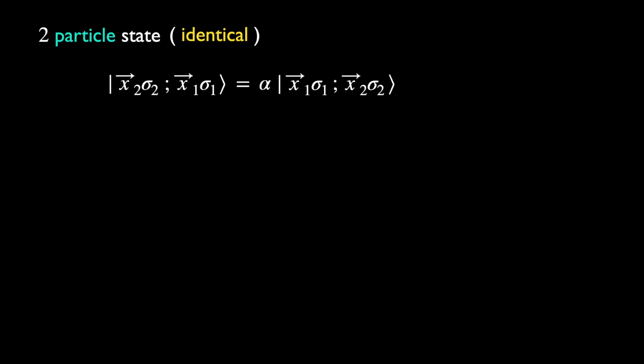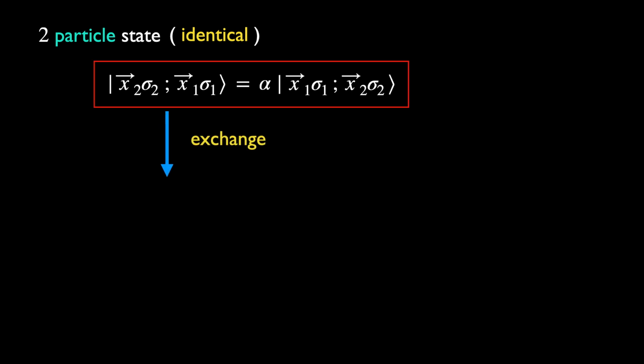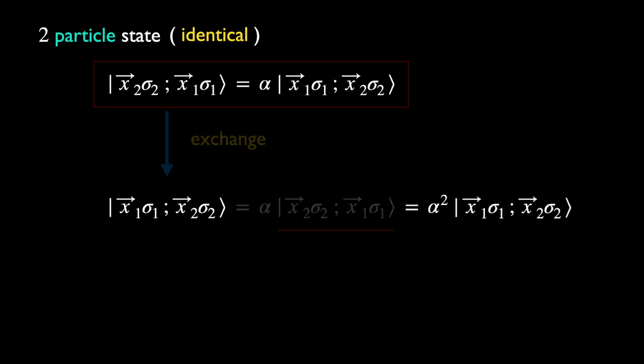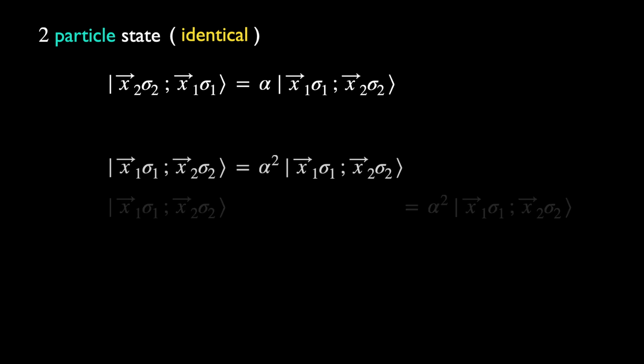To further constrain alpha, let's perform another exchange. This should give us another factor of alpha. On the other hand, making two exchanges should also give us back the original state.